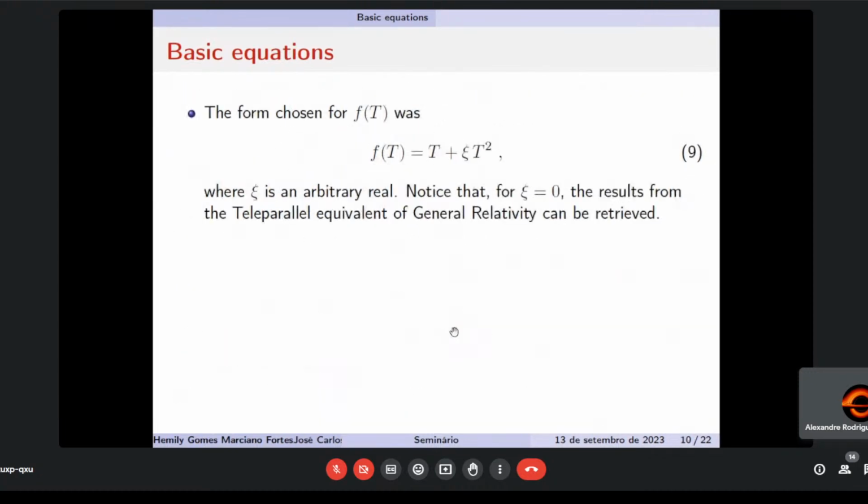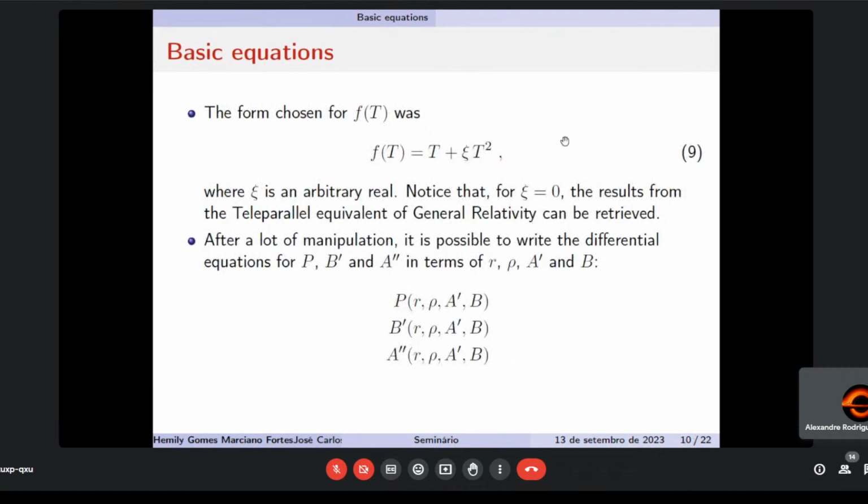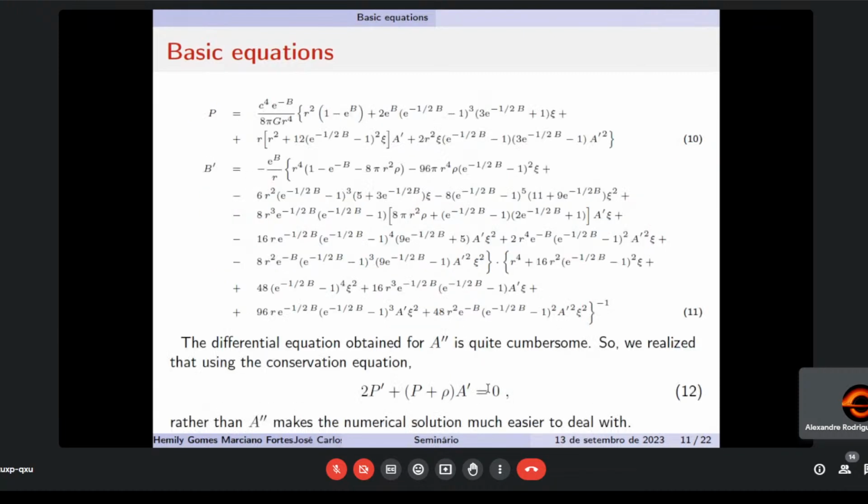So we can write these differential equations in terms of these ones. And I will put here some of them. For example, this is the expression for the pressure. And here we have the expression for B prime. And there is the expression for A double prime.